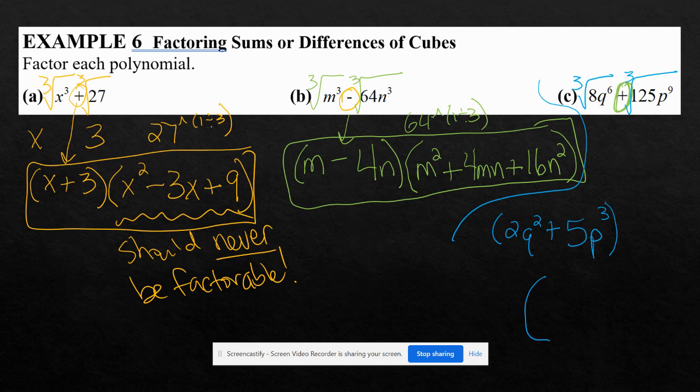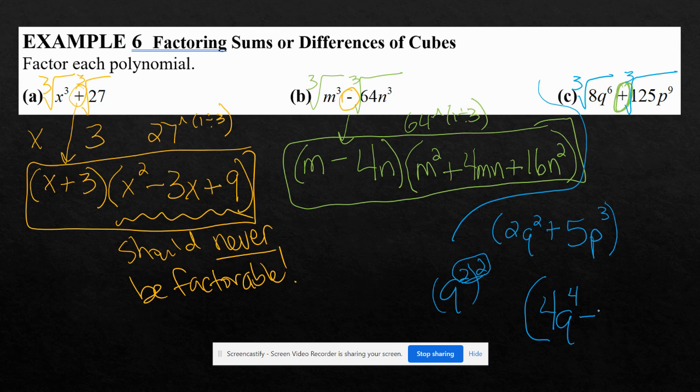Now our second part. Please be careful in here. We're squaring 2q squared. So 2 squared is 4. q squared squared, remember we multiply those exponents, is q to the 4th. Minus is in the formula. And we multiply these two parts together.